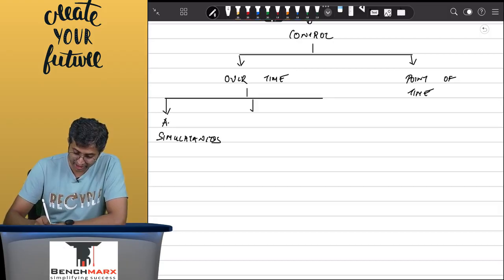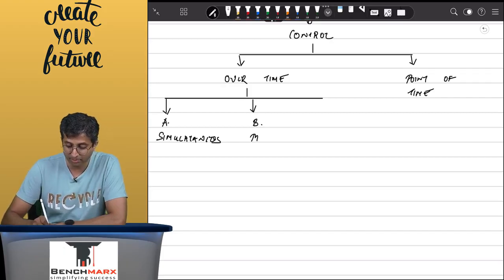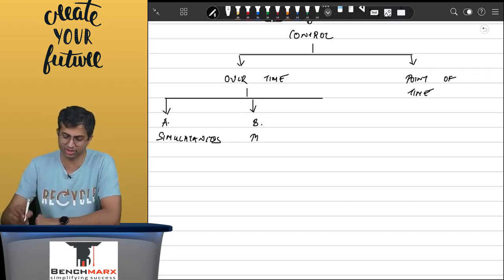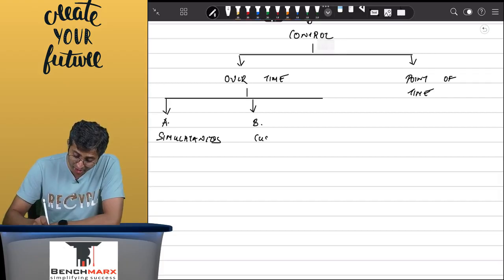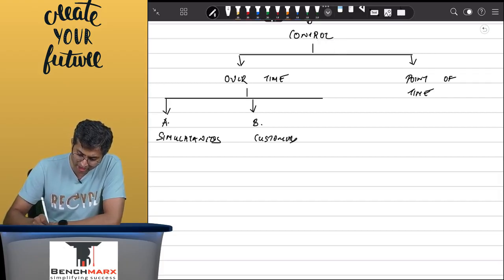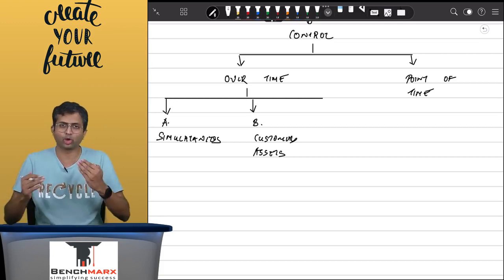Second, the second criterion says that there should be a significant customization or modification that you're doing on the customer's asset. For example, you are doing a painting job or a renovation job on the customer's asset.